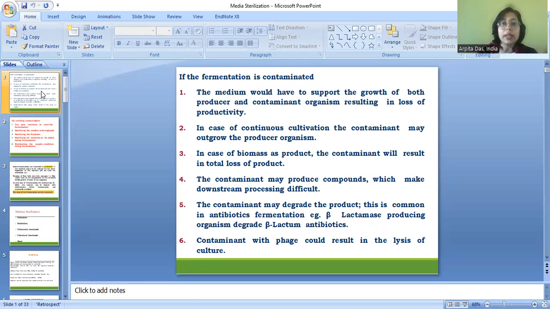So we cannot afford that. So we are supposed to remove the contamination by means of what? By means of sterilization. We have to opt for sterilization very wisely, so that if the sterilization method is perfect, then the media as well as the bioreactor will be free from any microorganism.